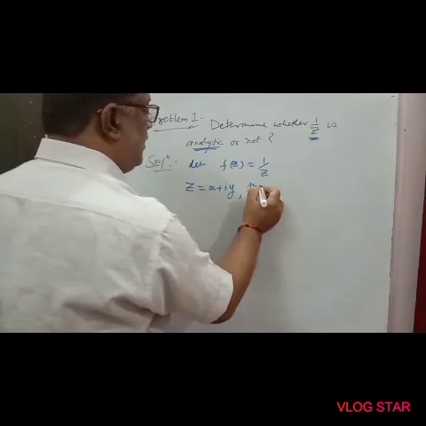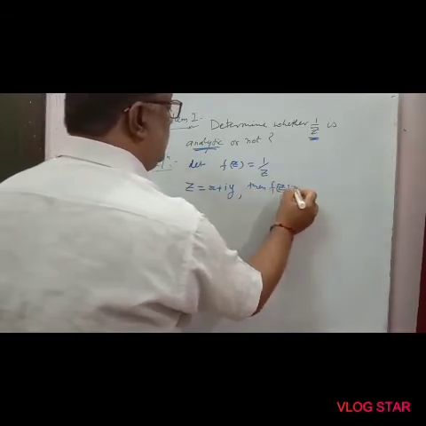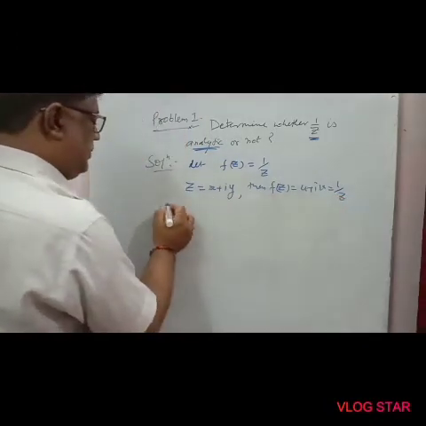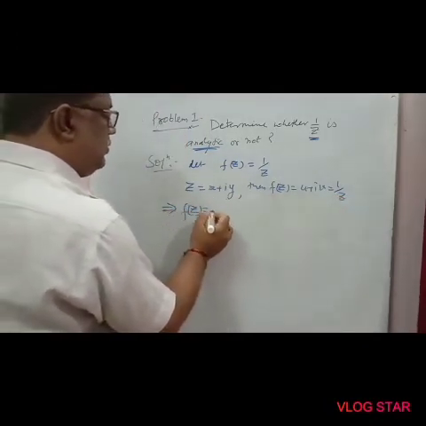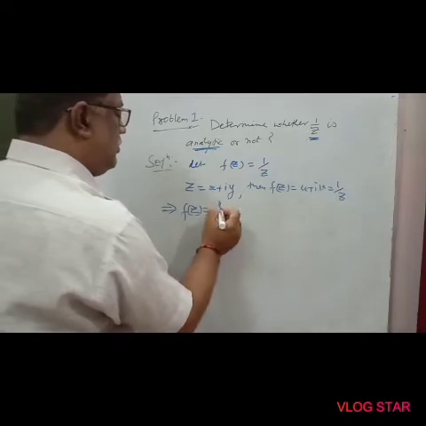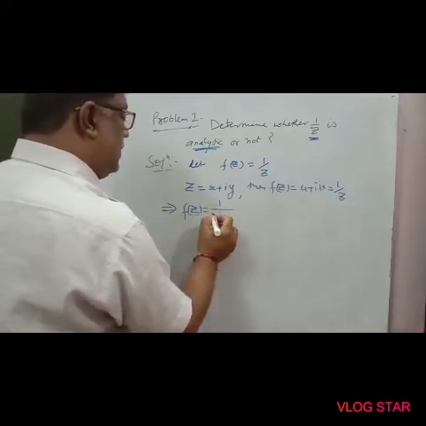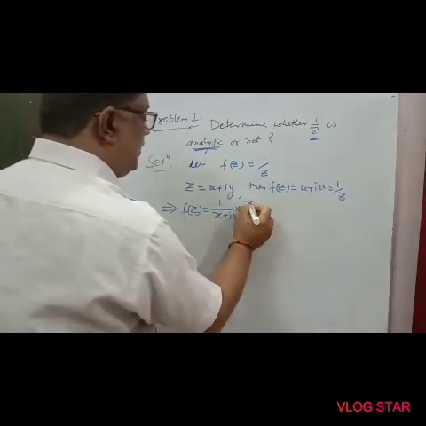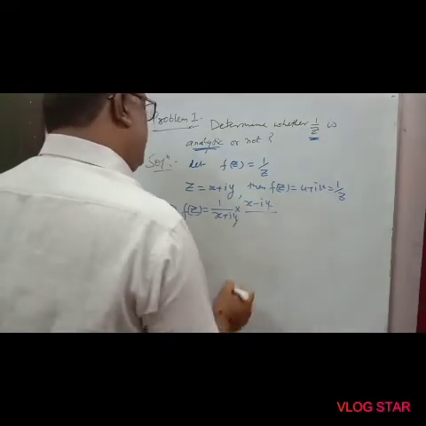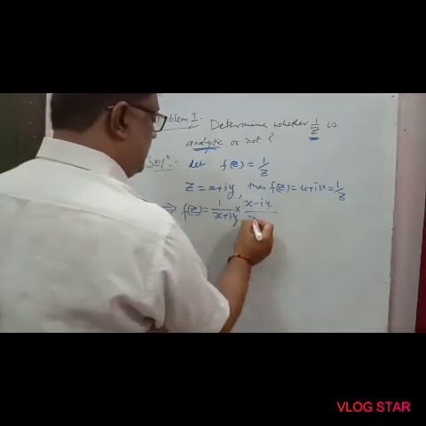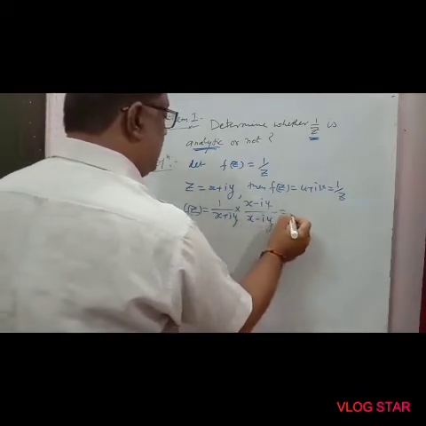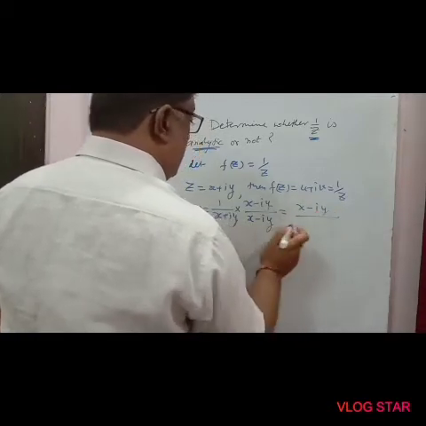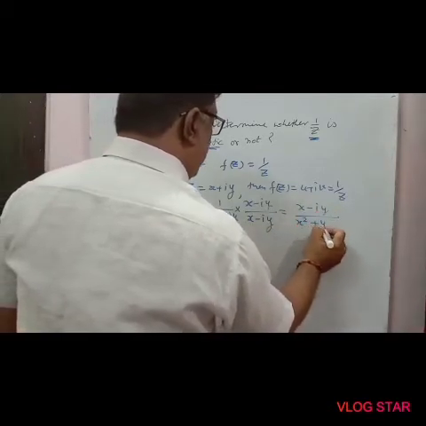Then f(z) equal to u plus iv, and it is equal to 1 upon z. This implies f(z) equal to 1 upon x plus iy, and we rationalize this function by multiplying numerator and denominator by its conjugate, x minus iy. It is equal to x minus iy upon x square plus y square.